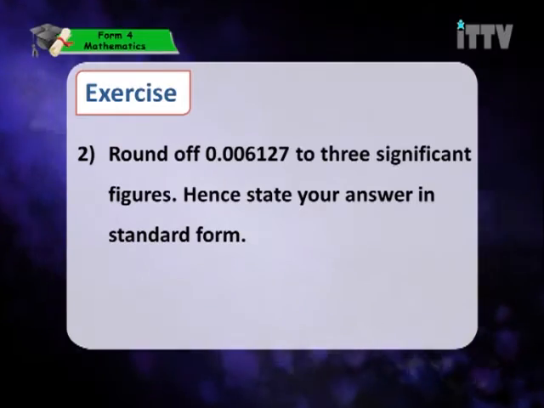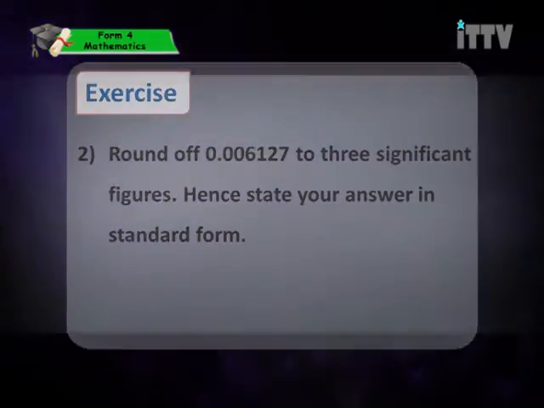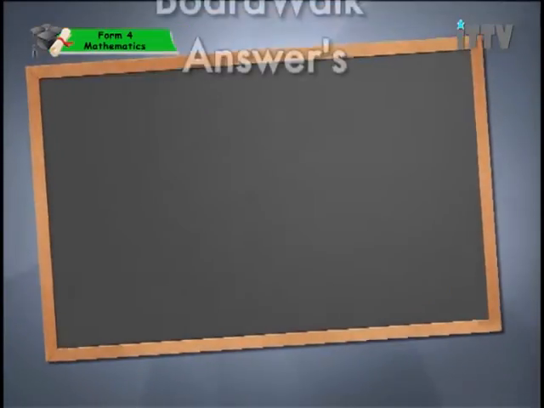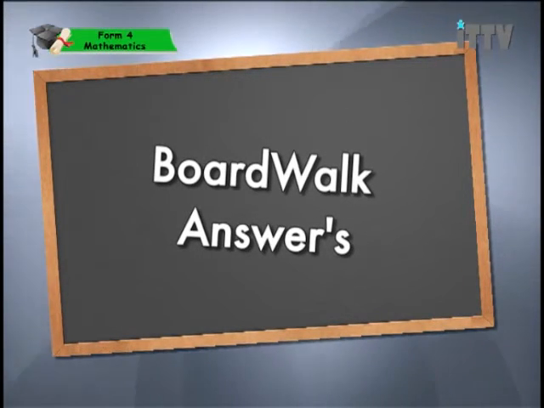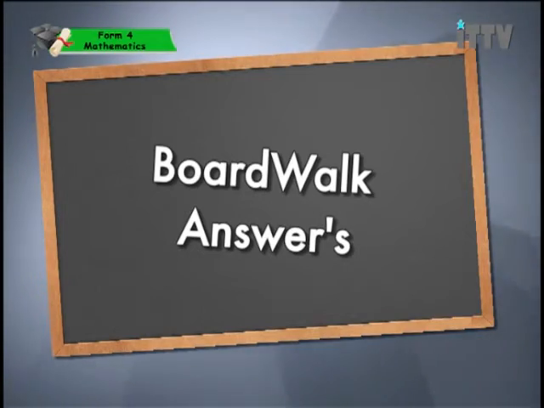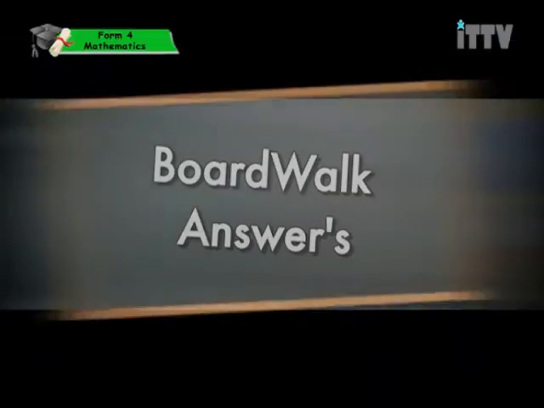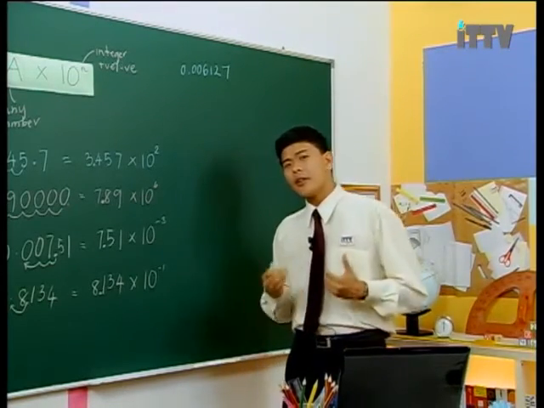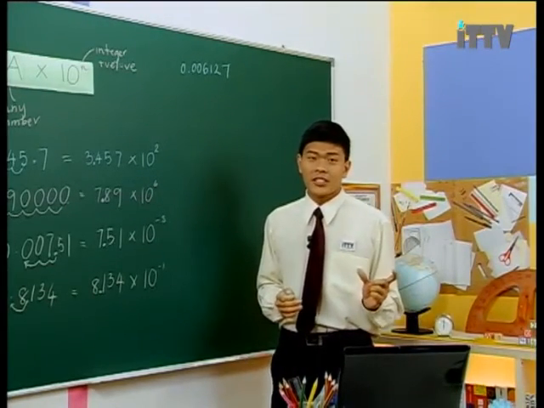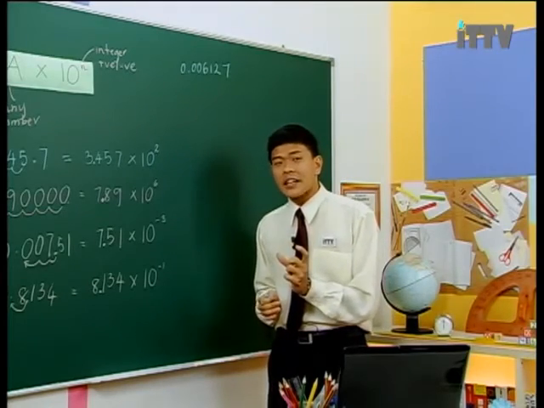Alright, let's look at the board for this question. Alright, this is actually a combination of the 2 lessons that we have learned before this. Significant figures and now standard form.